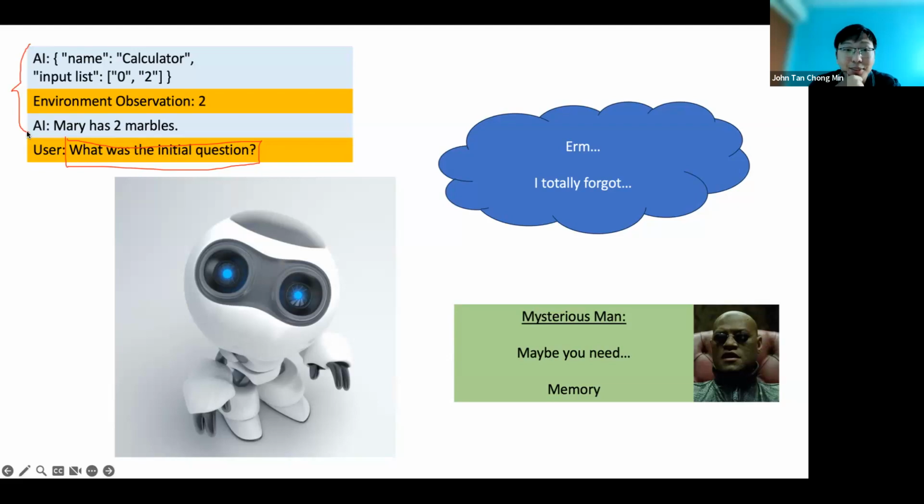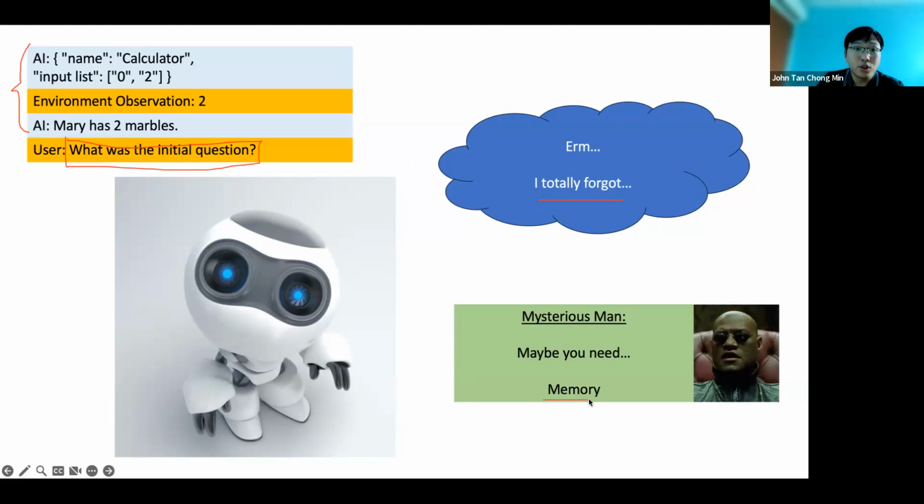I completely forgot because it's all the way at the front now. There's no reference. There's nothing in my earlier context that tells me what the question is because I've lost it after all the long conversation so far. So this brings about a very important point. Maybe we need this thing called memory.